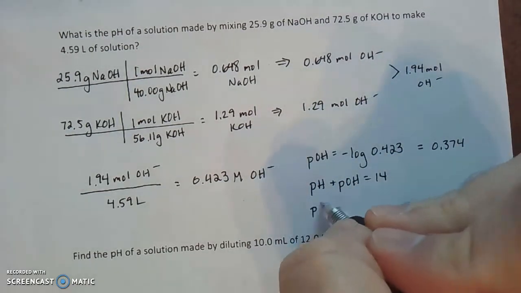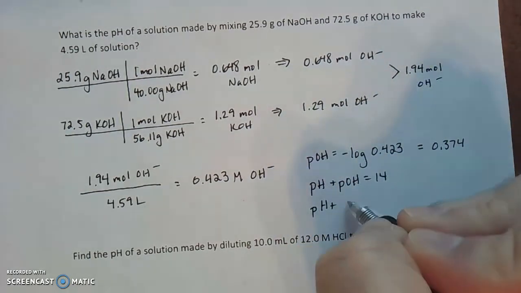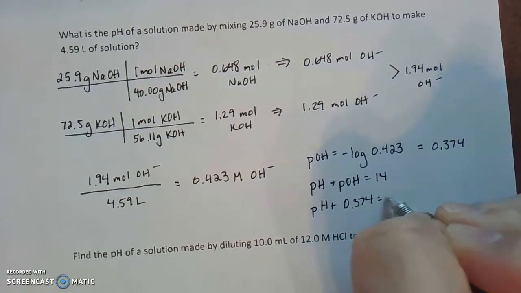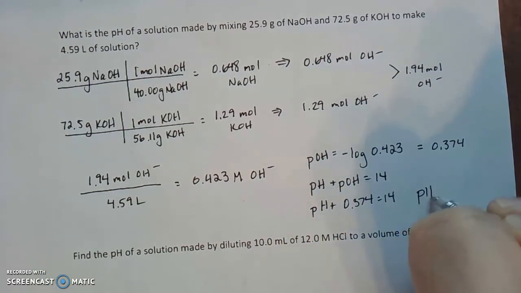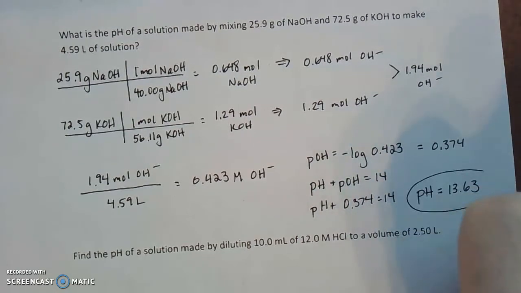So the pH plus 0.374 is equal to 14 gives us a pH of 13.63. There is our answer.